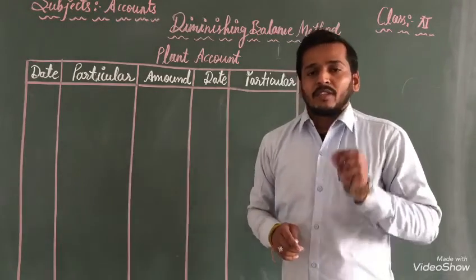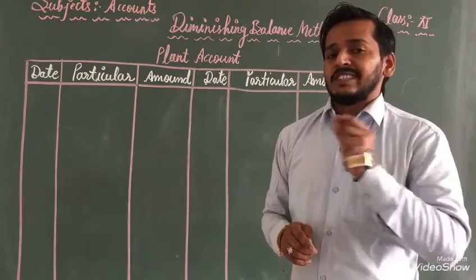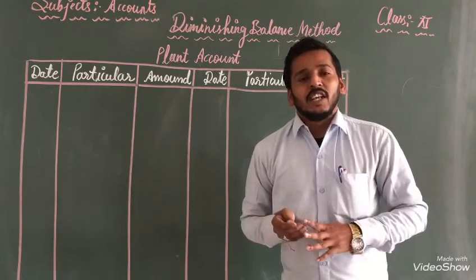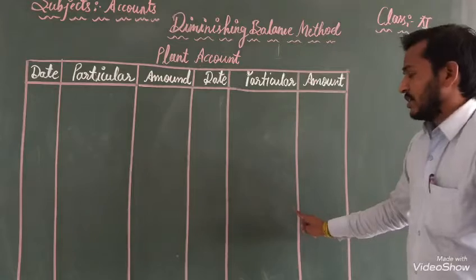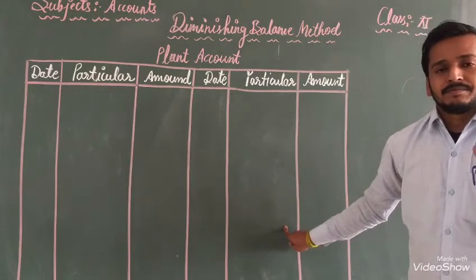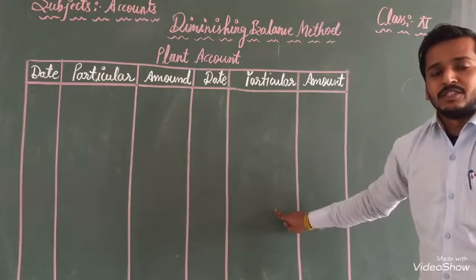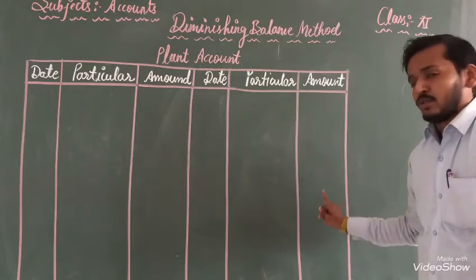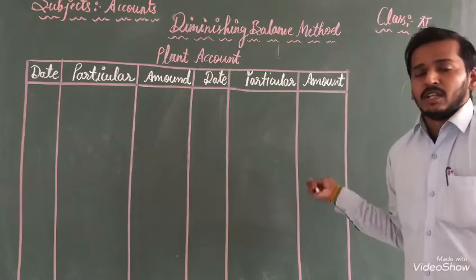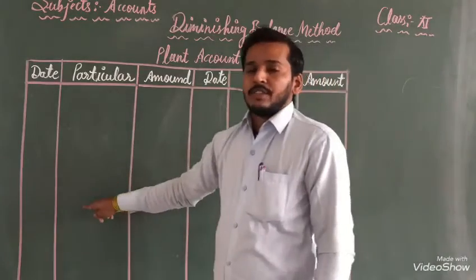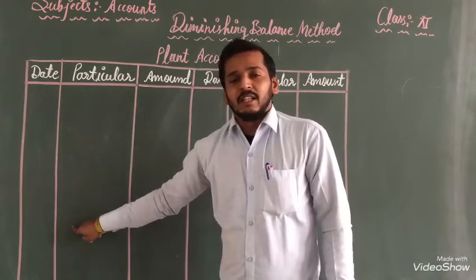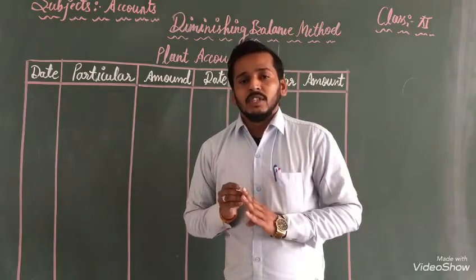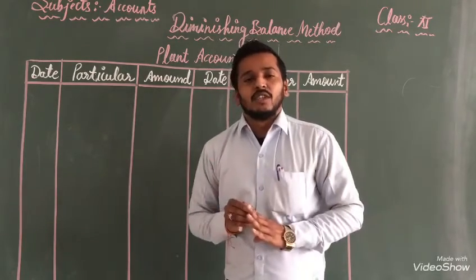If we get a loss, we write 'by settlement of profit and loss account' on the credit side. But when we get a profit, we write 'to settlement of profit and loss account' on the debit side. The same thing we are going to discuss today.